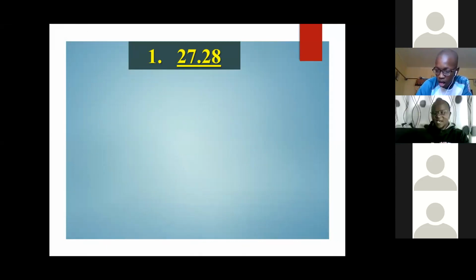As we've said, the first thing could be to write this number in standard form. So how can we write that in standard form? 2.728 times 10 raised to power 1.